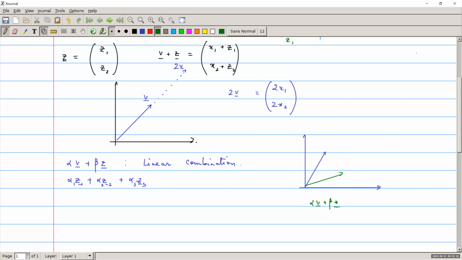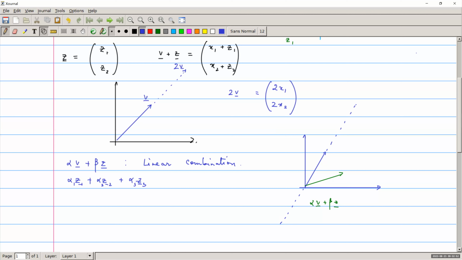So you get a line along alpha. The set of points I get is like an infinite line in both directions. And every point on this line I can track by putting a different value for alpha and beta 0.